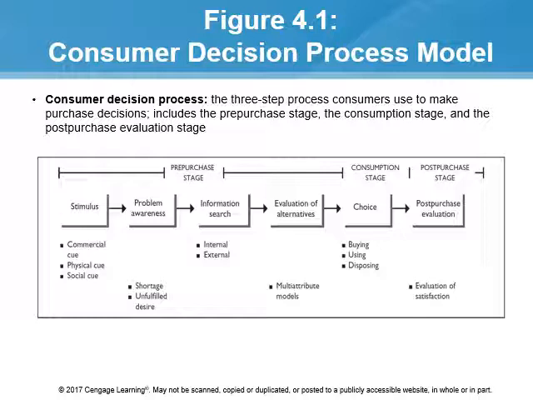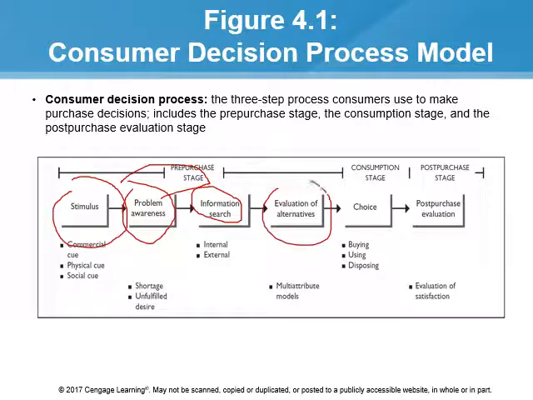It all starts with your basic stimulus, some commercial cue that you receive from the company. It can be an external cue, it can be an internal cue, and then you realize some problem, and then you look for information to satisfy your need, your issues, and then you look for different alternatives. You come across different alternatives, and then you select something, and then you go for consumption and the post-purchase stage.